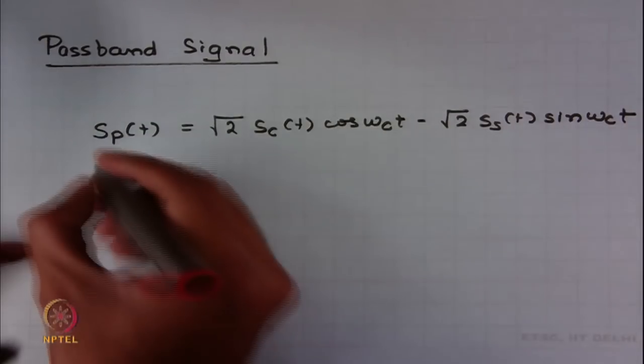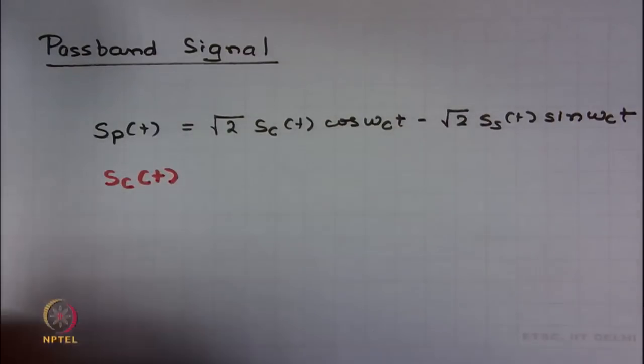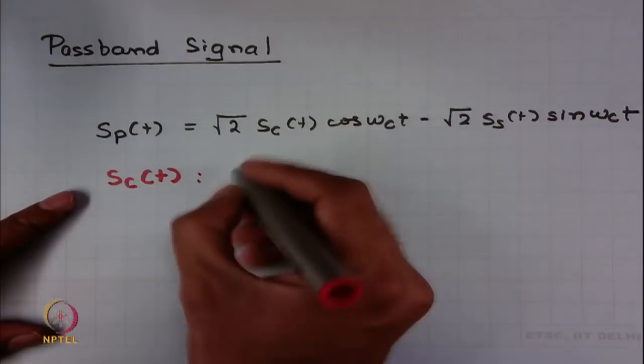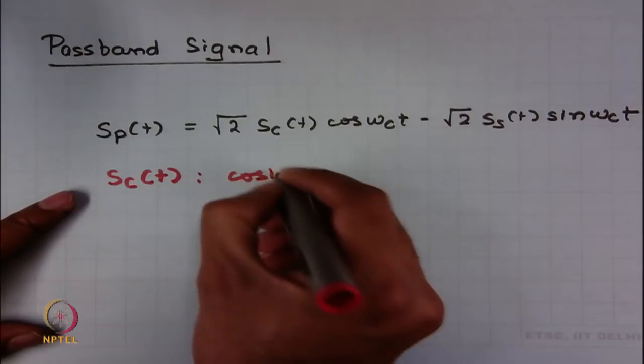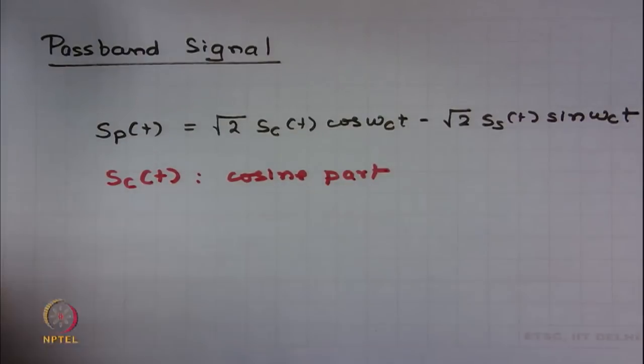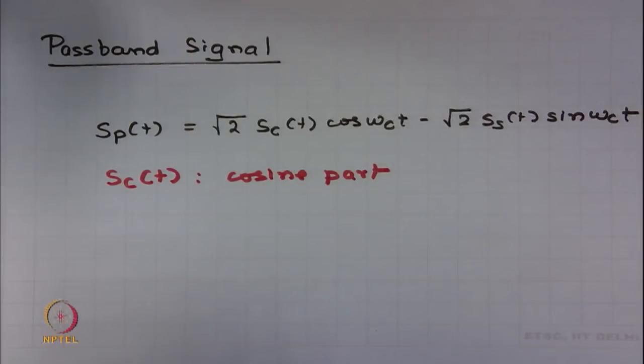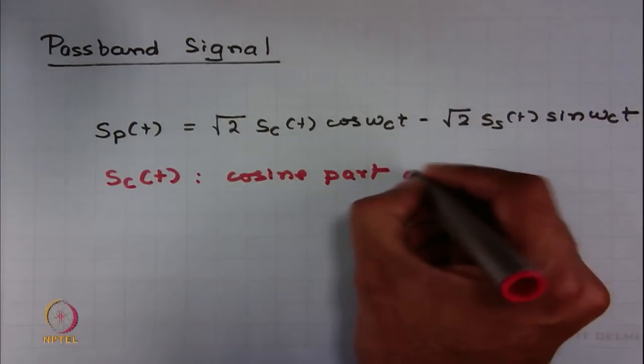The first is this S_C(t), we say it is the cosine part, because this is multiplied by cos omega_c t, the cosine part of the passband signal.